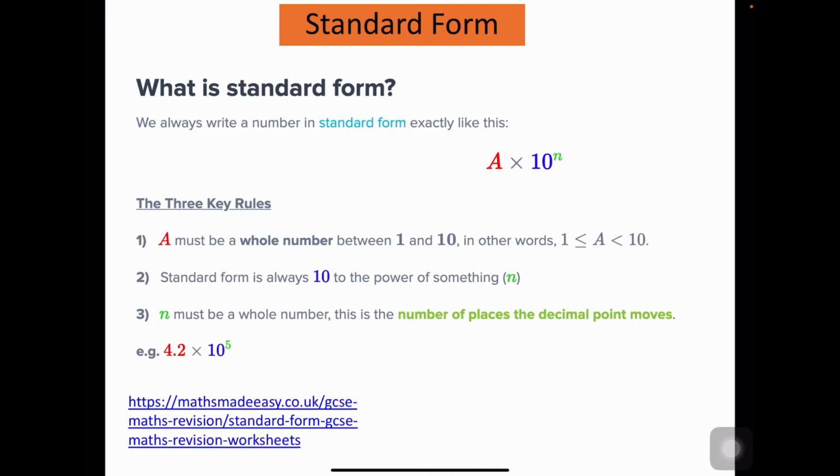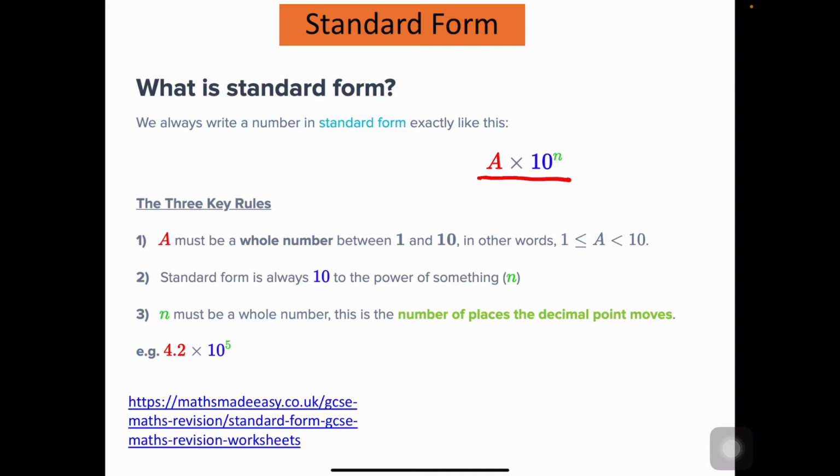So standard form is a way of writing really large or really small numbers. You may have seen values in standard form in your science lessons. I know that standard form numbers are used to represent things like distances between planets.